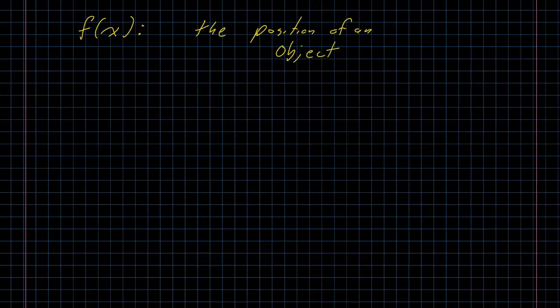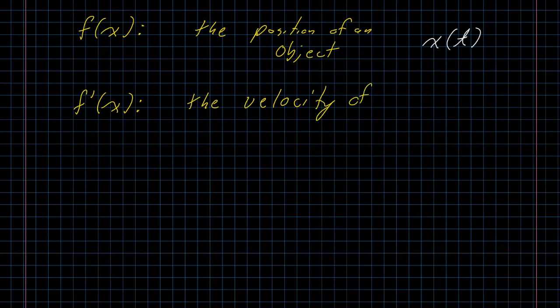If we think about f of x as the position of an object, that's actually kind of awkward to do. In physics, we will generally write this instead x as a function of t. Then the derivative f prime of x is the velocity of that object.